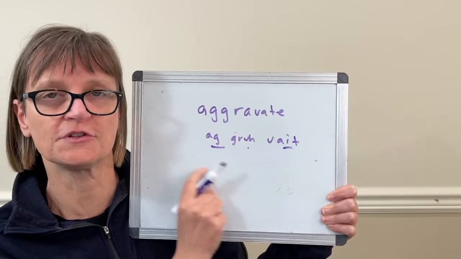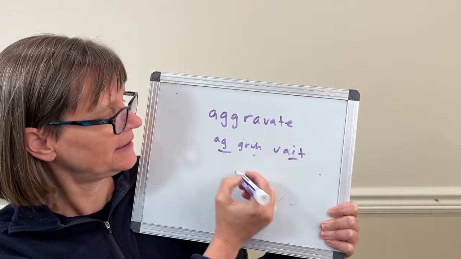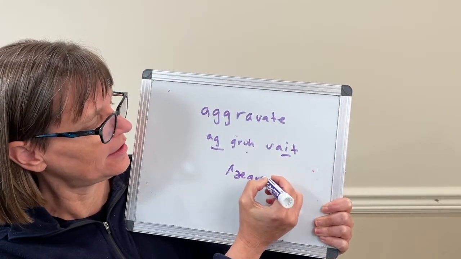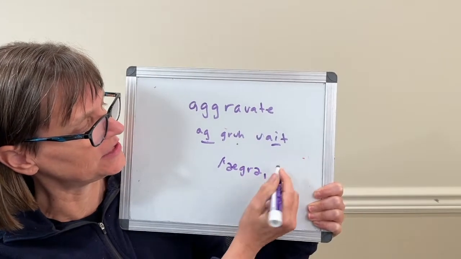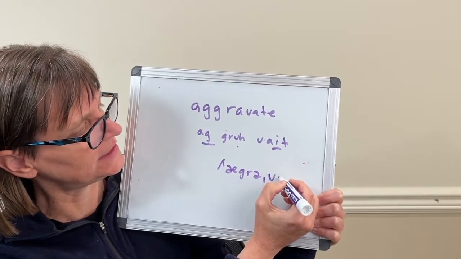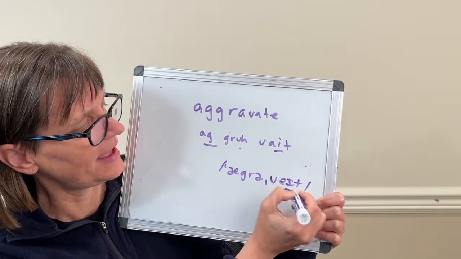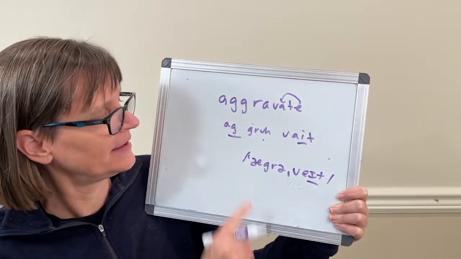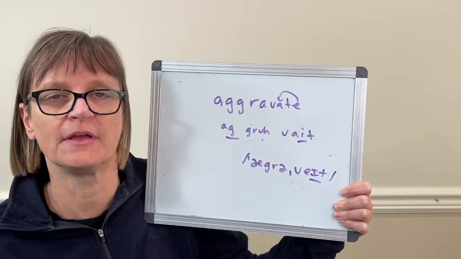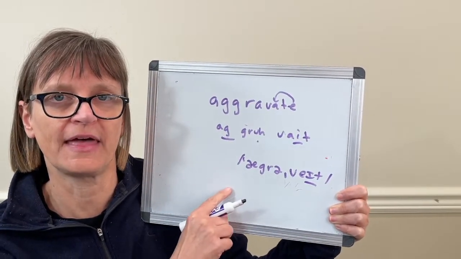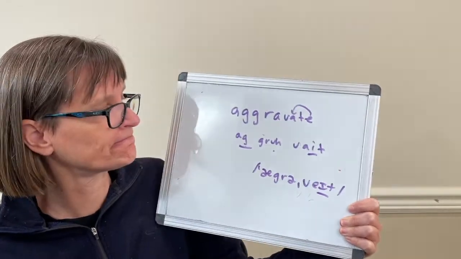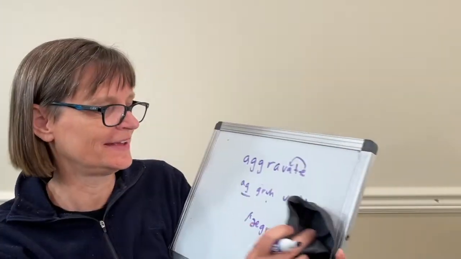So first syllable still stressed, but in the dictionary you're going to see that first syllable stress mark, aggra, and then a secondary stress on vate. So you'll see the clear vowel A. So here the letter E does make A say its name, aggravate. The aggregate aggravates me. Okay, good.